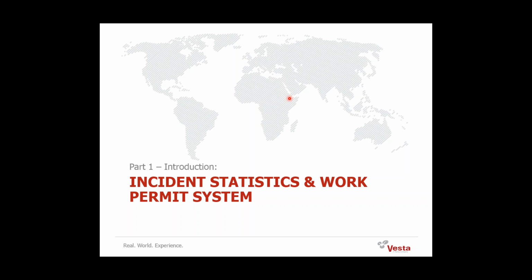A good point to start is to have a quick look at the statistics and relate them to the work permit system. We will try to find out in this introduction what proportion of accidents is related to the work permit system.